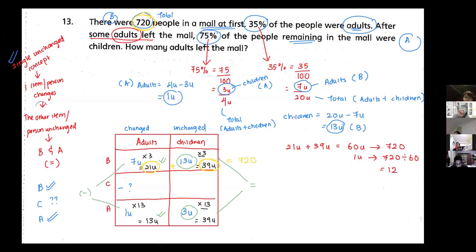I take 21 units minus 13 units and I get 8 units. So 8 units is 12 times 8 equals to 96. And this is my answer.